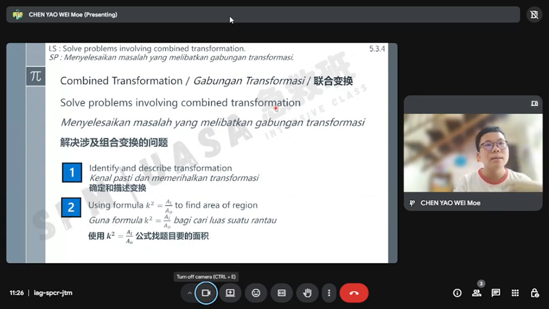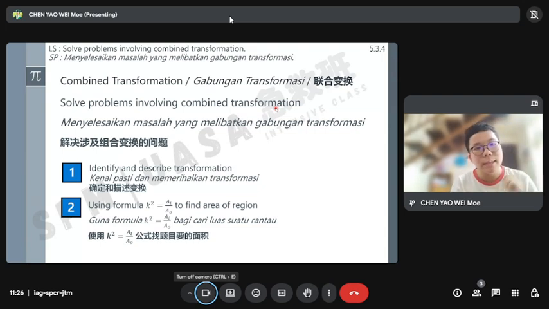If I didn't, you need to describe it for me. But if I already described it, you need to do the transformation in the question. Later on, by using the formula k squared equals AI over AO, area image divided over area object, you find the area of the region.